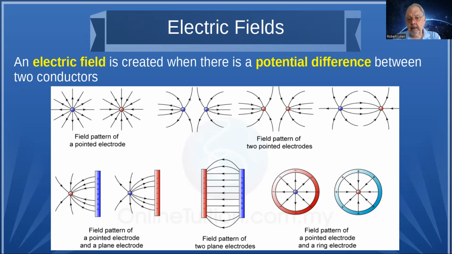In the bottom right is essentially what happens in a piece of coax, where you have a center conductor surrounded by some sort of what we call dielectric or insulator, and then a tubular conductor.